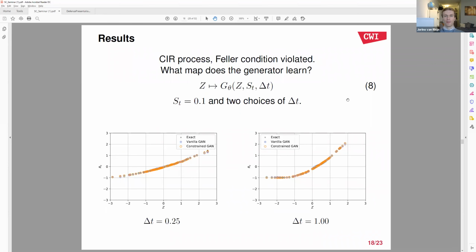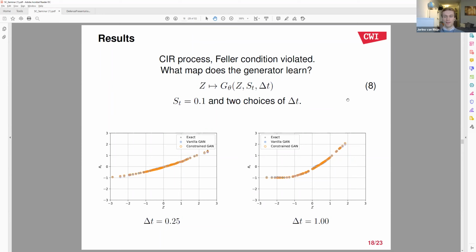We can understand that by looking at the map that both neural networks have found. What I've plotted here is the output of the neural network on the vertical axis and the input to the neural network, so the random sample that we've given to the neural network, on the horizontal axis. Then we can visualize, if we fix the conditional parameters delta t and st, which mapping it has learned.